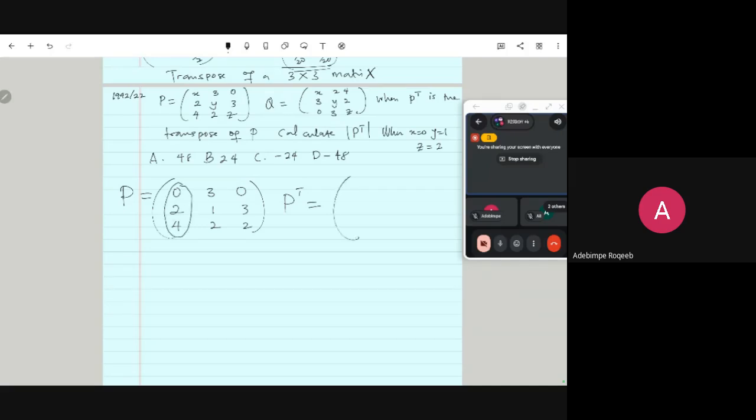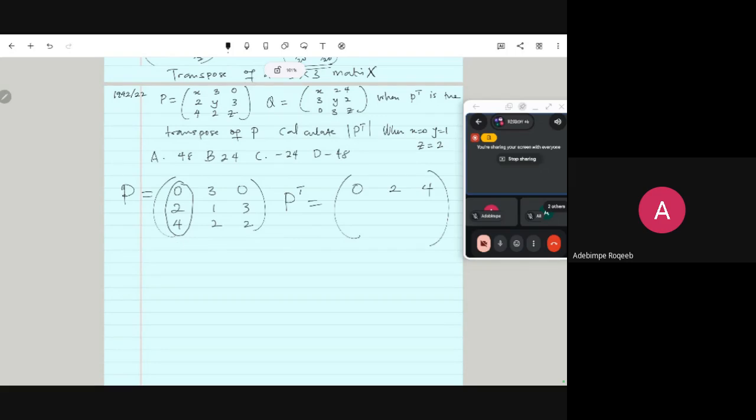This column here, change it to row in the transpose: 0, 2, 4. Before it was vertical, make it horizontal. This 3, 1, 2 also turns into row 3, 1, 2. This 0, 3, 2 turns into row 0, 3, 2. Either make the row column or make the column row, anyhow you do it, that's what we call transpose. Do you understand?